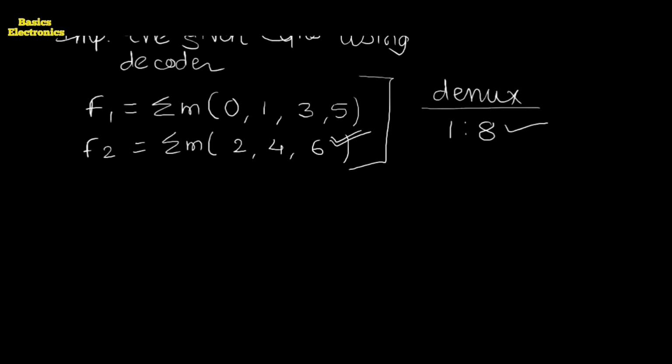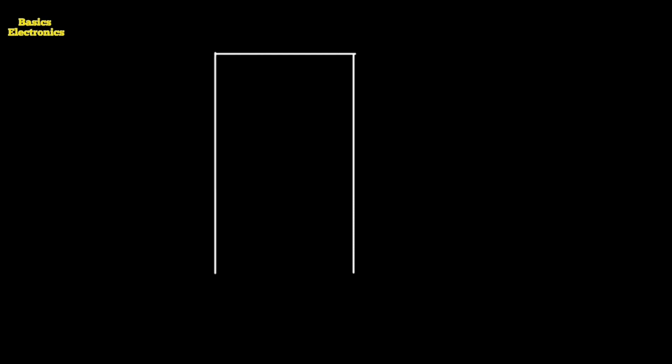To implement this, we draw the symbol of the 1 line to 8 line demultiplexer. Here is the symbol. Then we have to show the output lines.